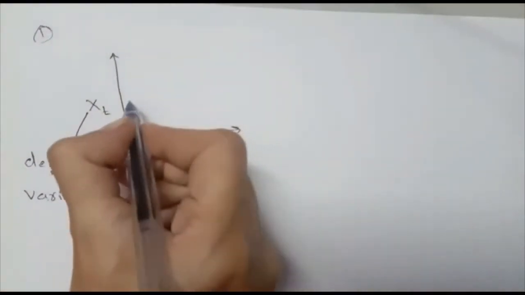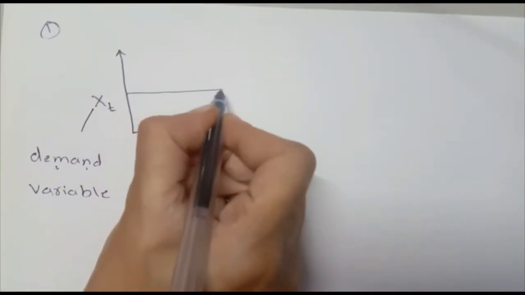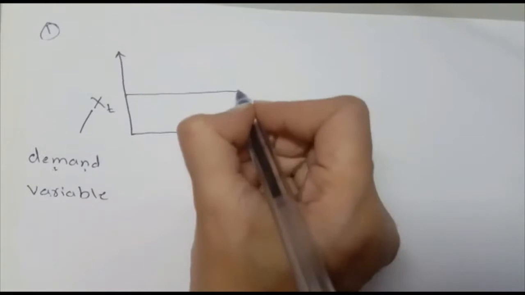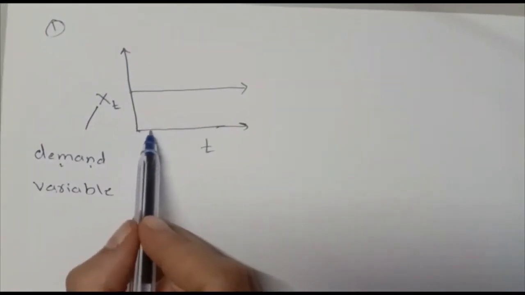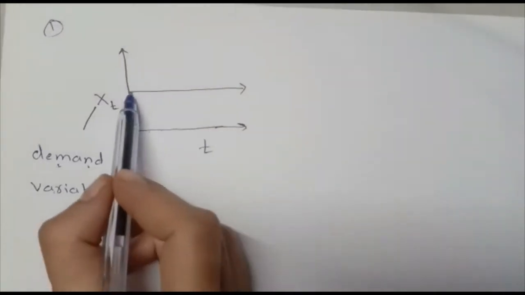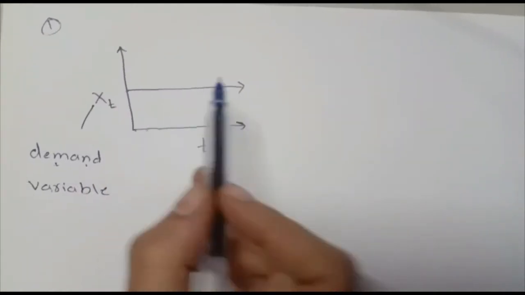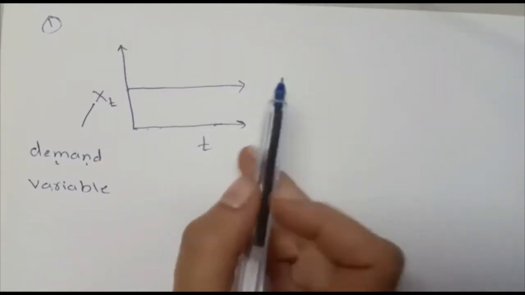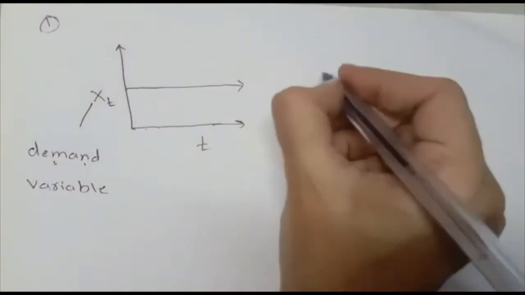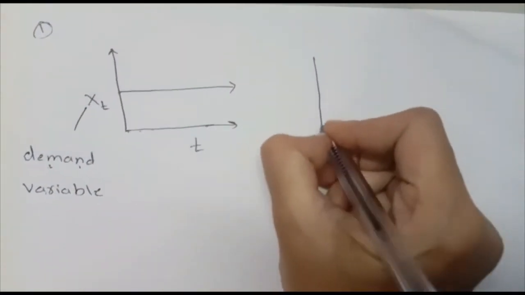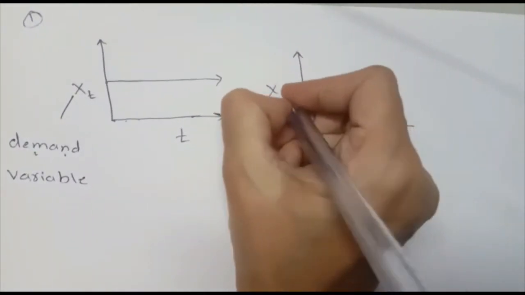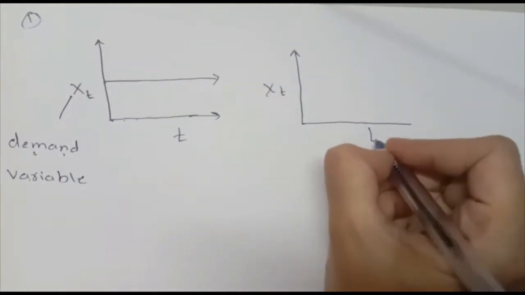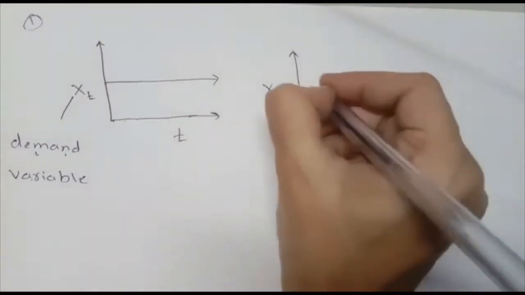Now let's say the value of x is constant as time changes. So in this case, though the value of t is changing, the value of x is constant. But this is a very ideal situation and it doesn't happen. So what happens is that here xt is the demand variable, and t is your time.